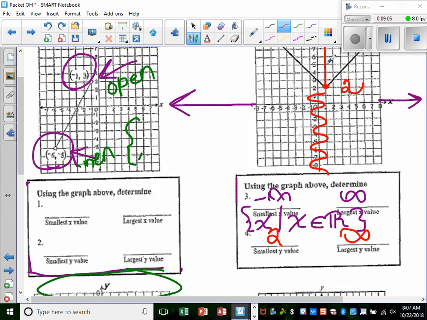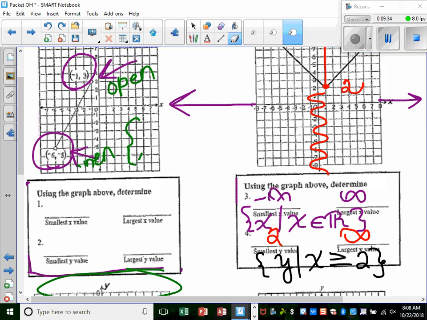Okay, because as this graph continues to grow, the y's are getting bigger. So to write that one, I'm going to say y such that y is greater than or equal to 2. So it starts at 2, and I'm using greater than because it's getting bigger. Because here's 2, 3, 4, 5. It's going up, up, up, up, up to infinity. So we use greater than or equal to.